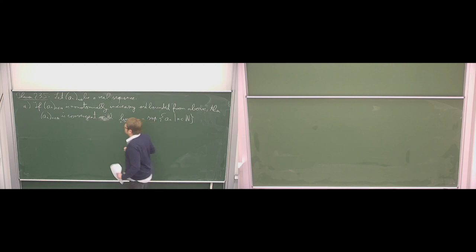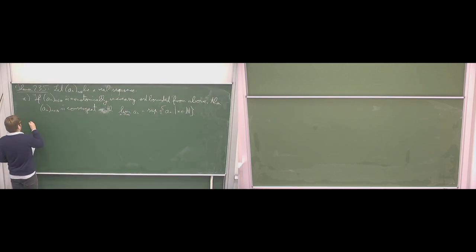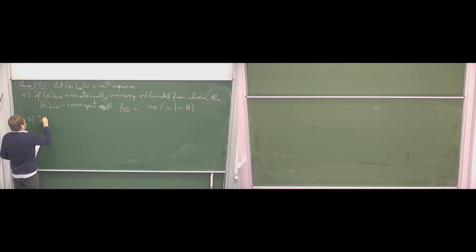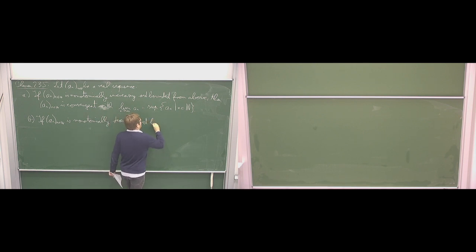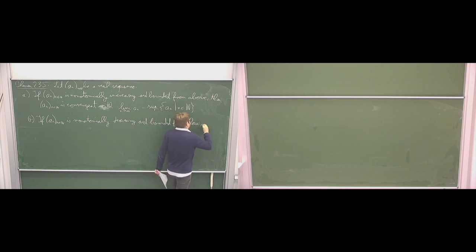And in the same way, as I said before, the same holds for the other direction. B, if a_n is monotonically decreasing and bounded from below, then it also converges.